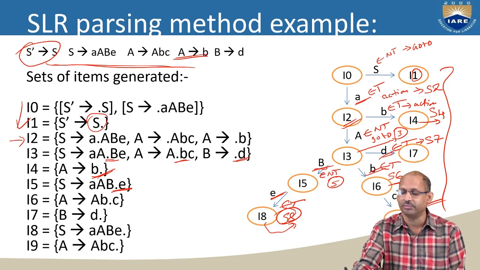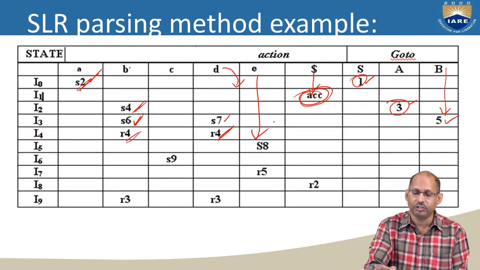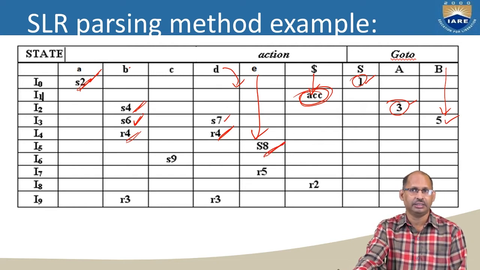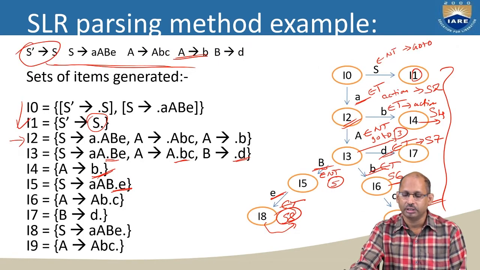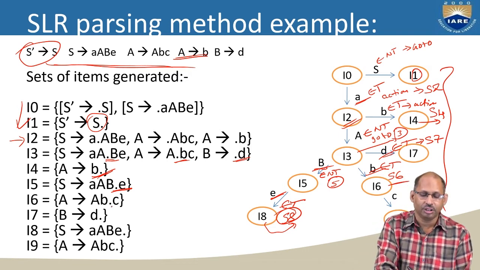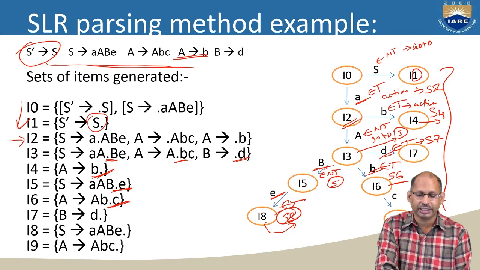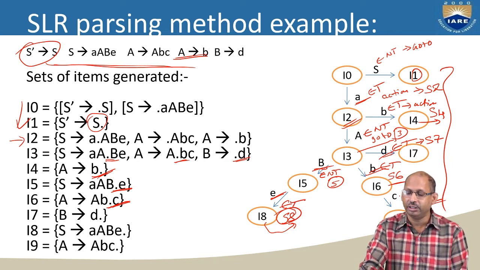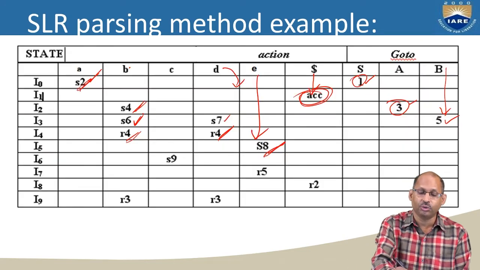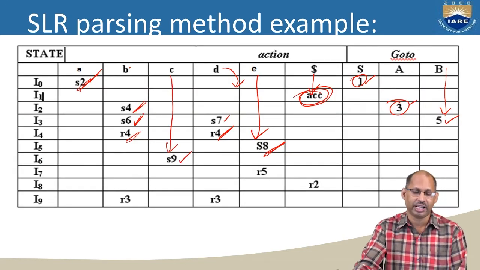In the column E. Then what is I6? I6 has dot C. On C, it goes to I9. It belongs to a terminal, so we write 9. In terminal column C, we write S9.